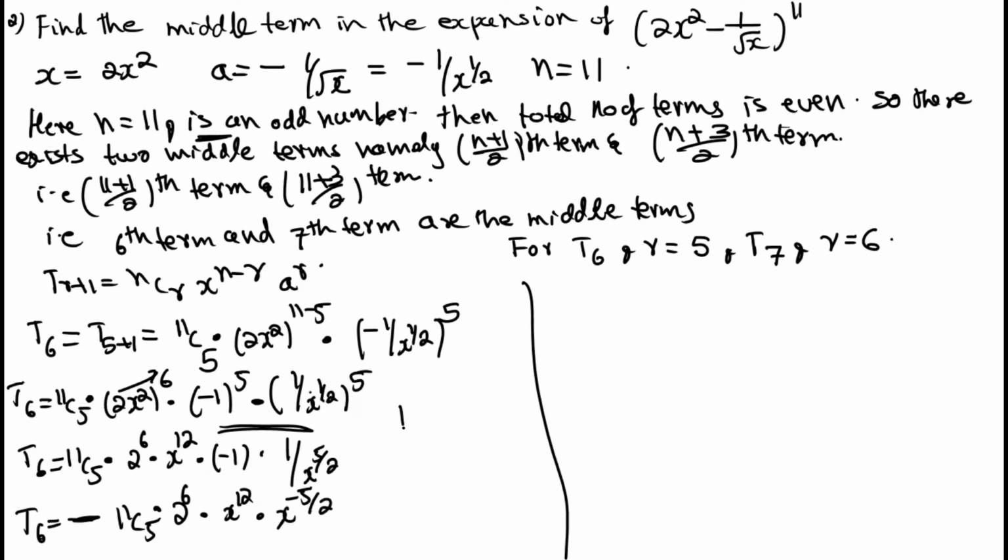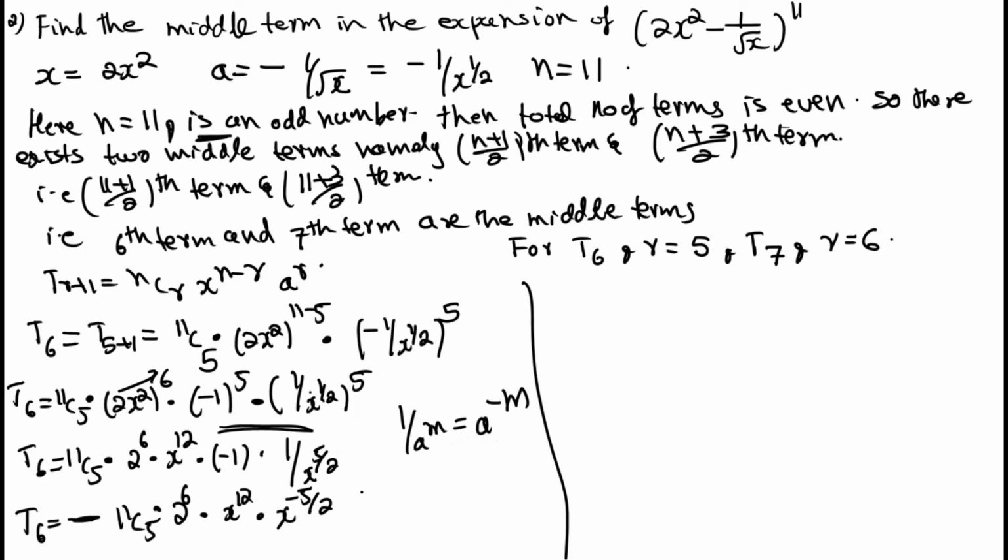Which formula? 1 by a^m is equal to a^(-m). Okay, here see 1 by x^m is there, you can write it as x^(-m). So x to the power minus 5 by 2.